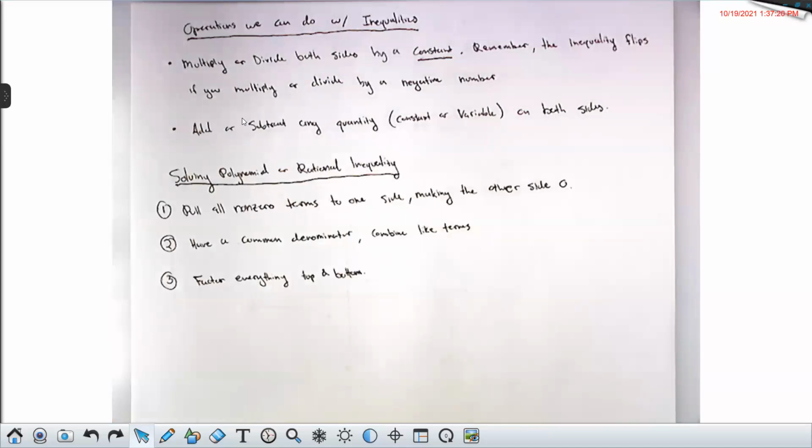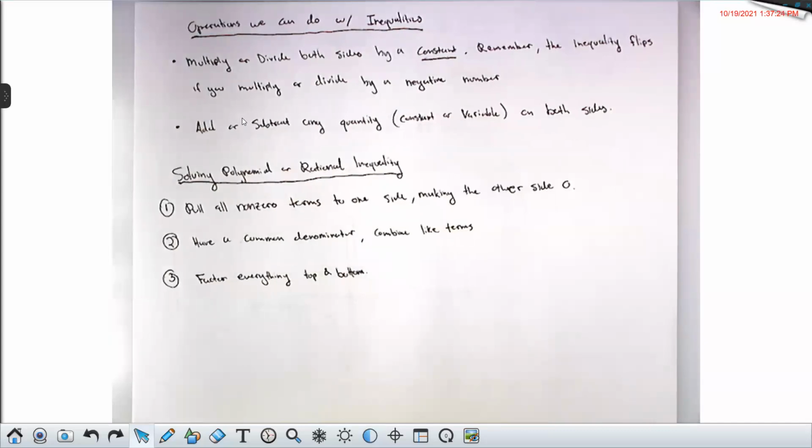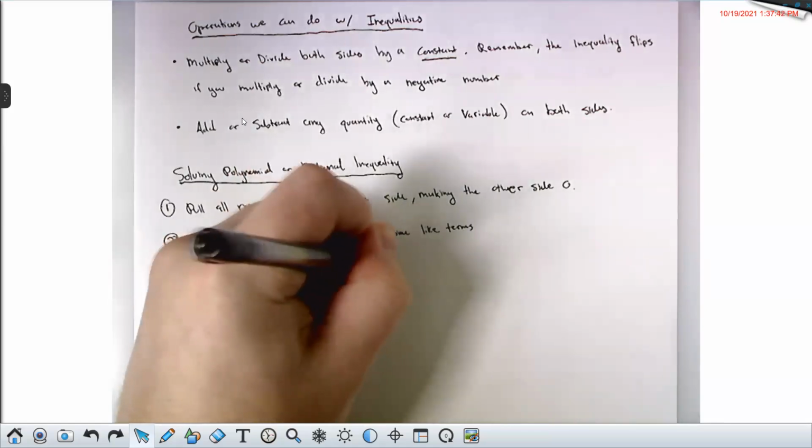The places where the top and bottom are equal to 0, remember, those are x-intercepts and vertical asymptotes. Those are the places where rational functions can go from being positive to negative or negative to positive. So those are the cut points or the crucial numbers you want to record.